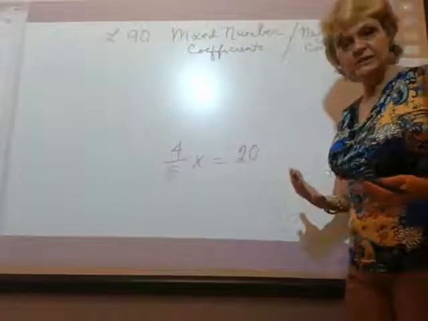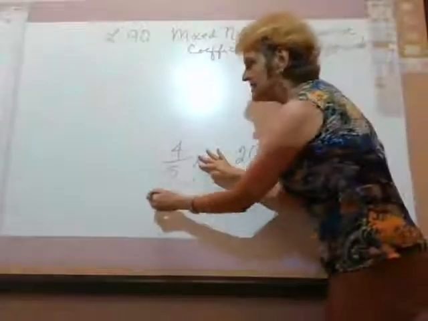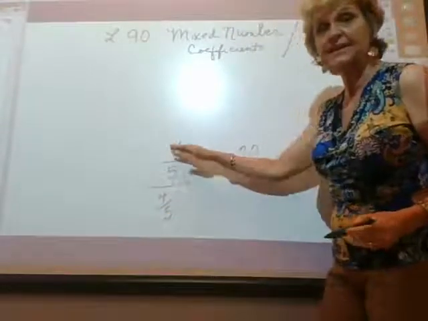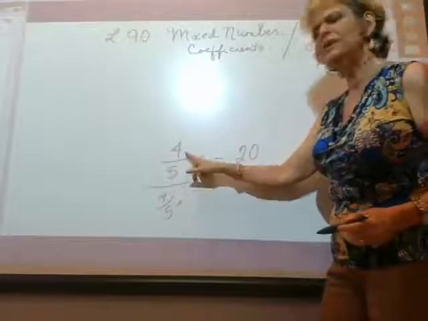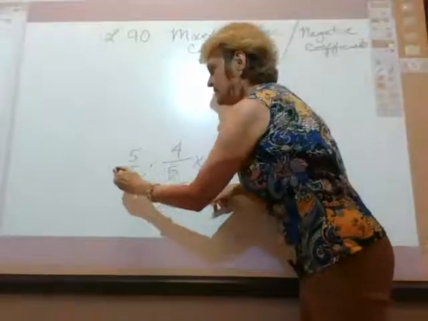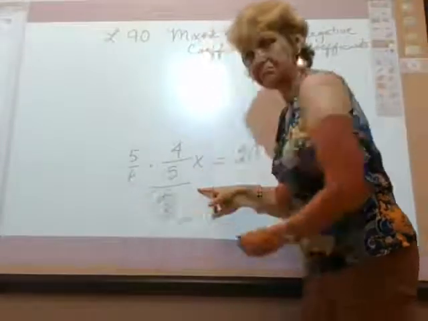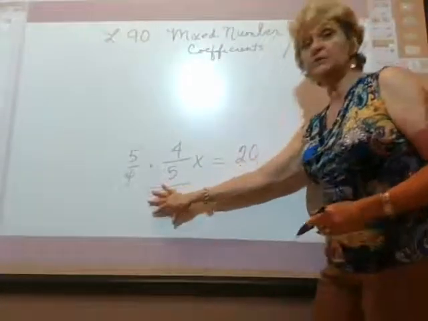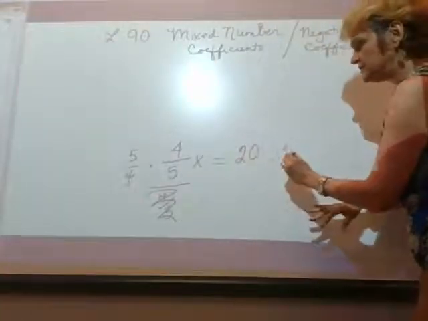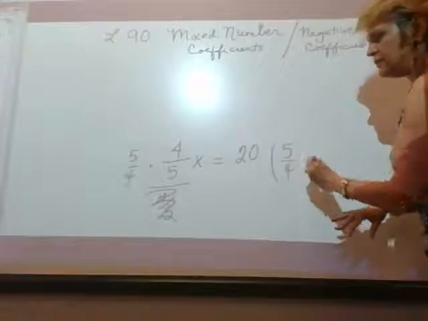Well, we're going to use the same principle. We're in essence dividing by 4/5, right? Anything over itself is 1. So when we divide by a fraction, we multiply by the reciprocal, don't we? And so if we multiply this side by 5/4, we have to come over here and multiply this side by 4/4.